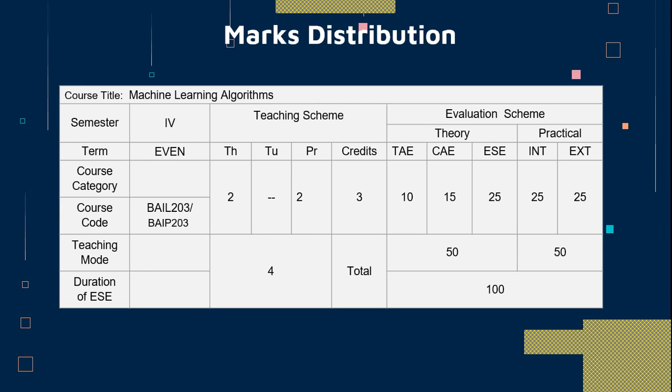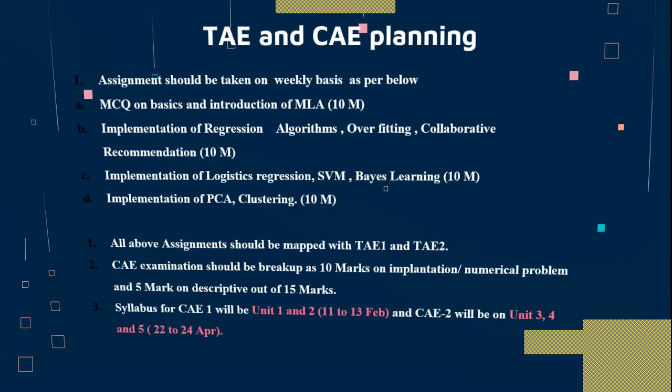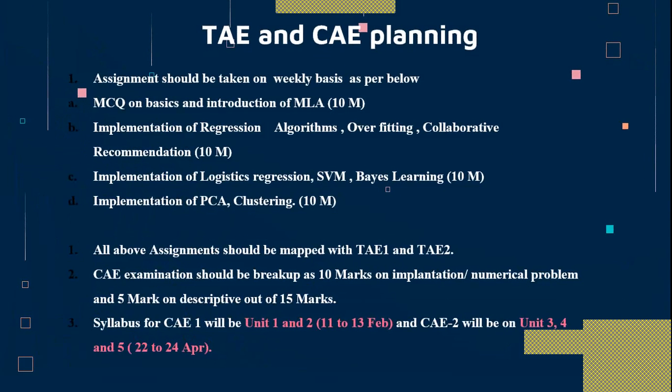During the practical, you have to complete your practical and submit it to me on a daily basis. And there is the external practical that will be held during the end semester exam, which is also 25 marks.